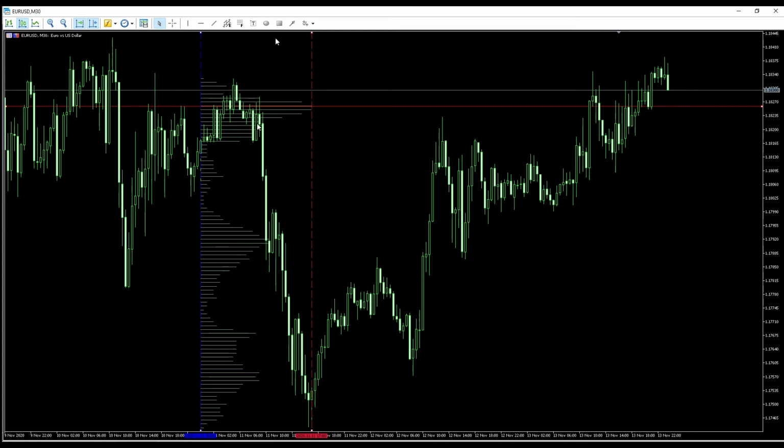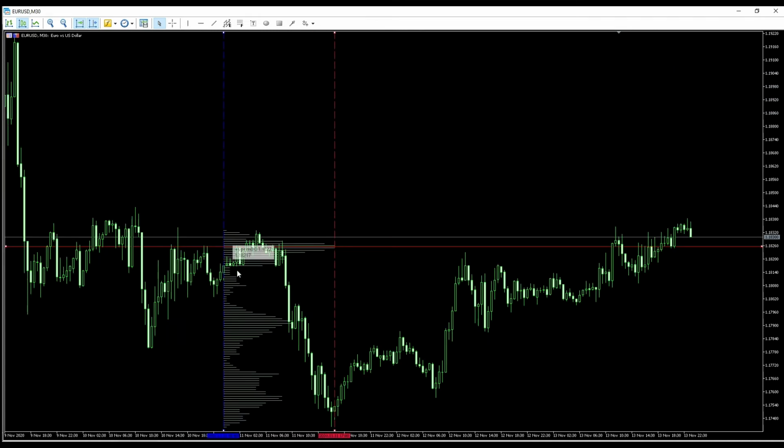So for some people, they might say that as you can see from there to there, this was an uptrend. So when the market came down, it retested these volumes here. Some people would prefer to actually start from there.